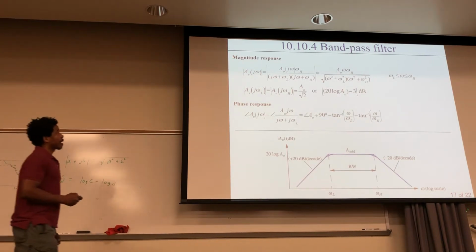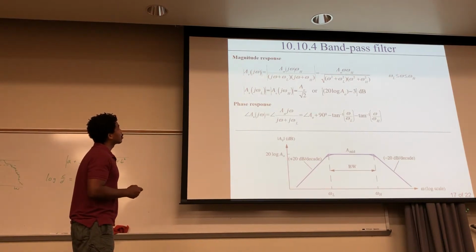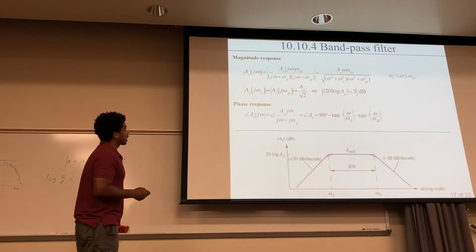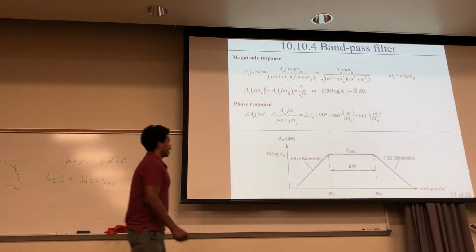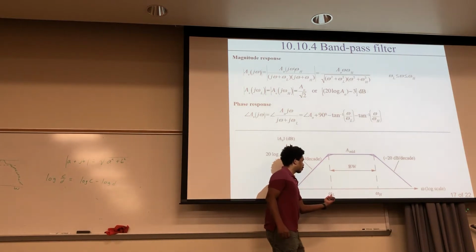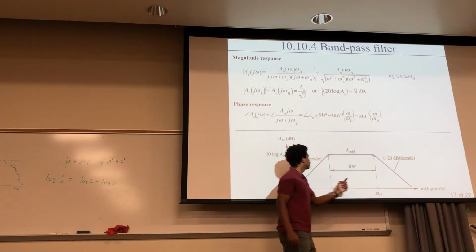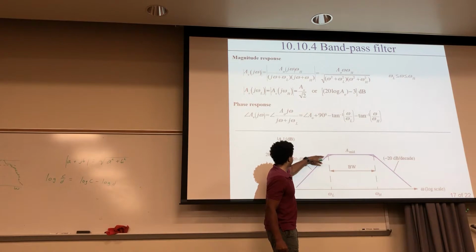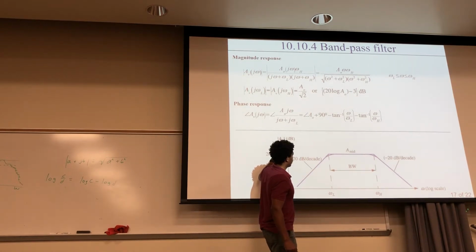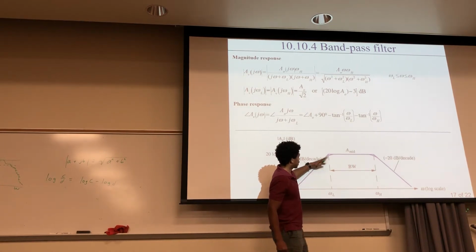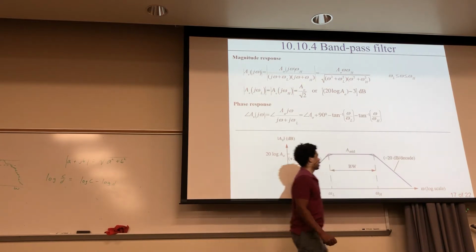Okay, so here's the magnitude response, and here's the phase response, which looks like that. Here's the low cutoff frequency and the high cutoff frequency, and the point where it crosses is 3 decibels down from wherever the high is. Here it's like 20 decibels per decade, negative 20 decibels per decade.